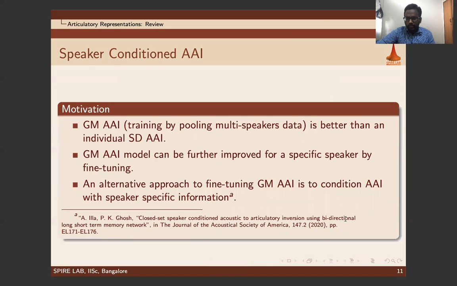Low resource AAI experiments indicate that generic model AAI performs better than speaker-dependent AAI model, and the performance is further improved by speaker-specific fine-tuning. However, this involves two-step training and results in separate AAI models for each speaker. An alternative approach to fine-tuning GM AAI is to condition AAI with speaker-specific information.